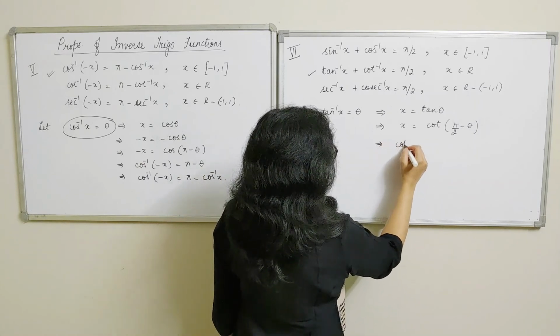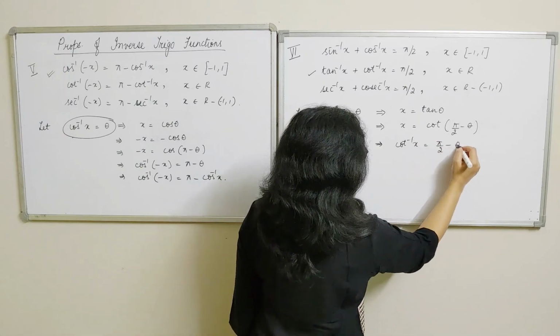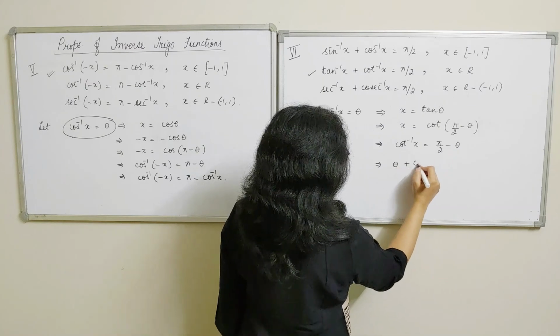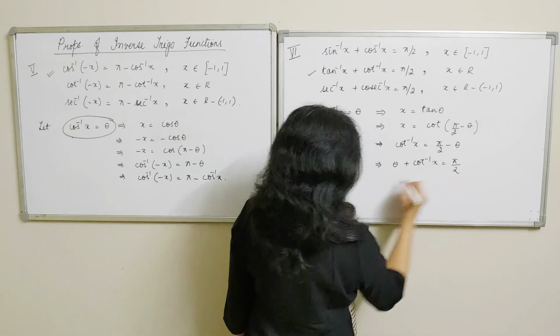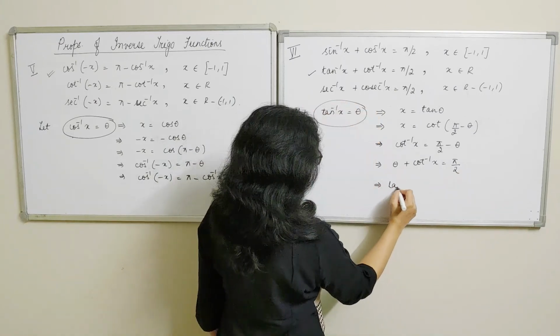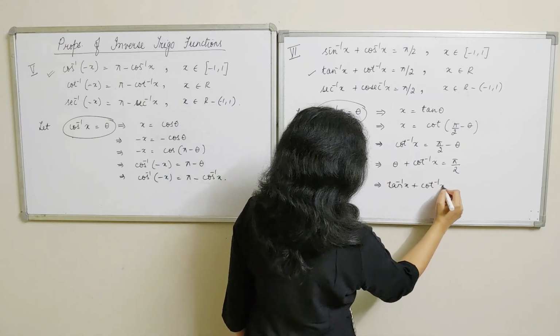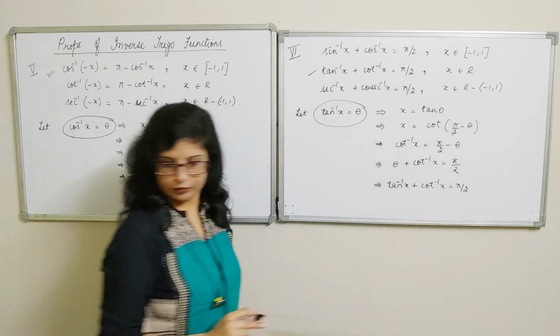So here next step, cot inverse x is pi by 2 minus theta. So transposing theta to the left hand side, we get this. So in this step, replace theta. Theta is tan inverse x, so tan inverse x plus cot inverse x is equal to pi by 2.